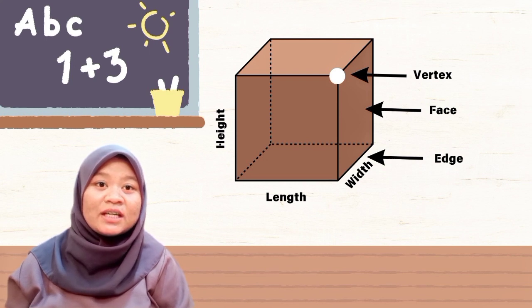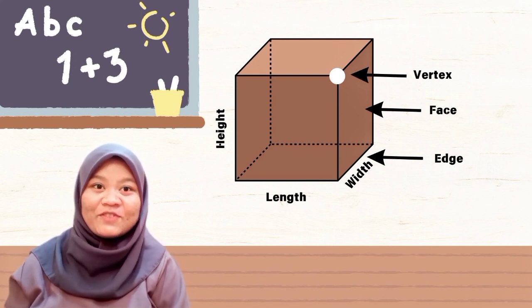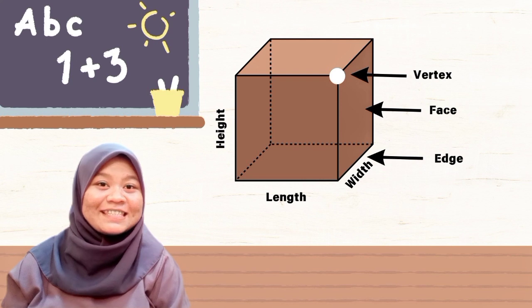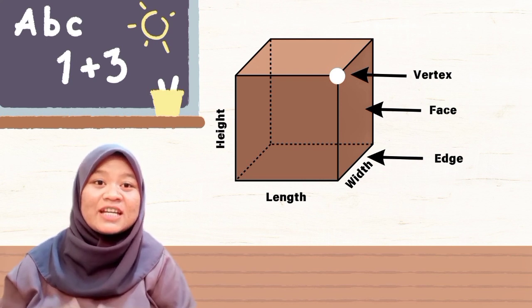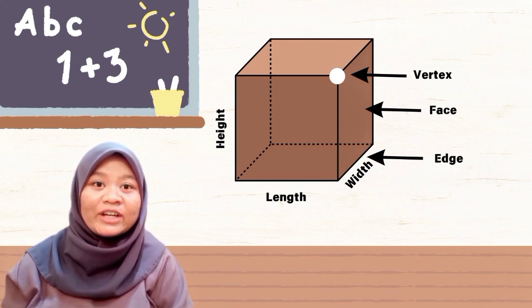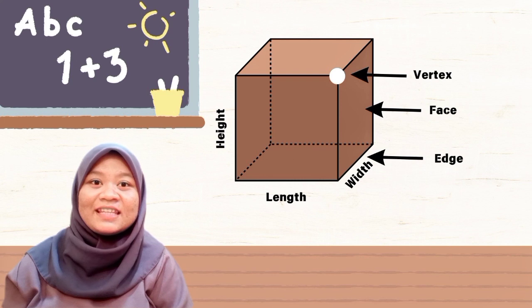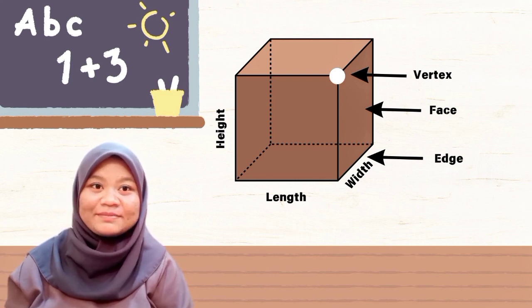It is also the point of intersection of edges. Third, it is edge. An edge is a line segment at the boundary of a solid shape that joins one vertex to another. The edge serves as the junction of two faces.